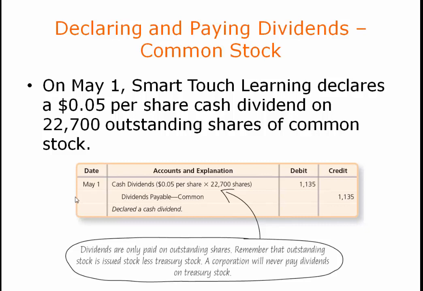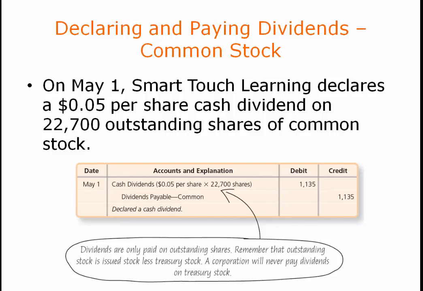And so here's what happens on the declaration date. What they do is they debit cash dividends and they credit dividends payable common. So they're going to have to pay it, and then they're debiting that, and they're going to actually pay it out later.